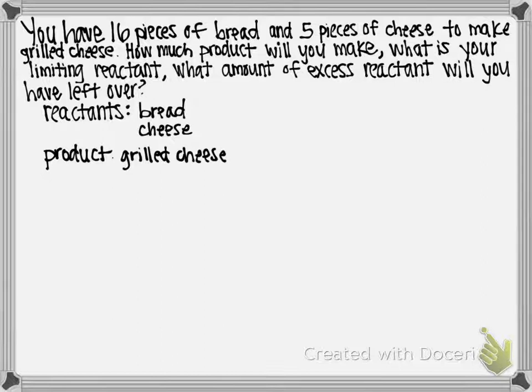Out of those two reactants, one is going to be your limiting reactant, I'm just going to write LR, which means it gets used up. And the other is going to be your leftover or excess.